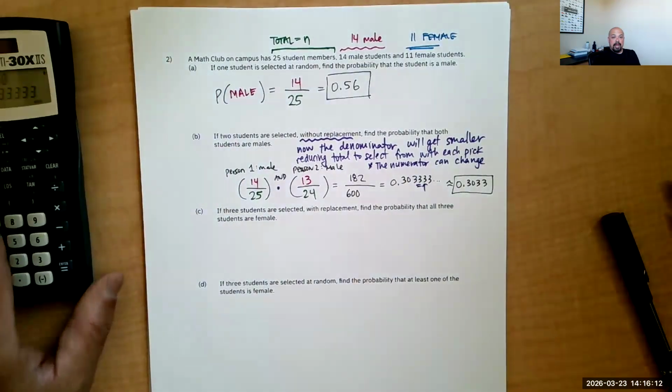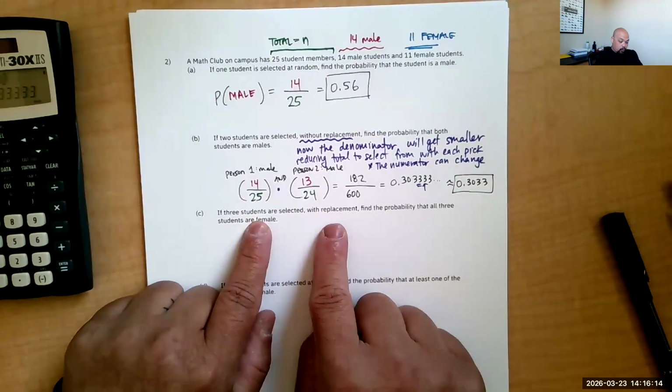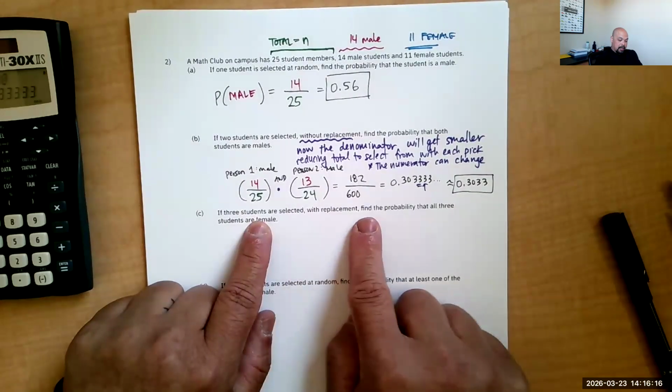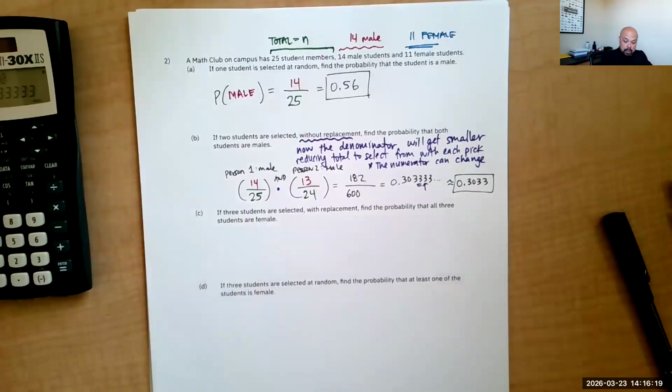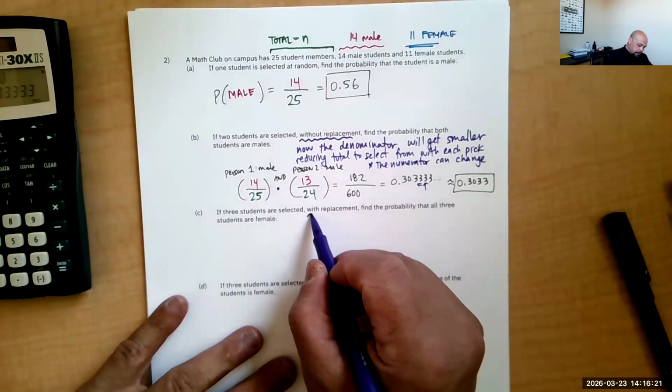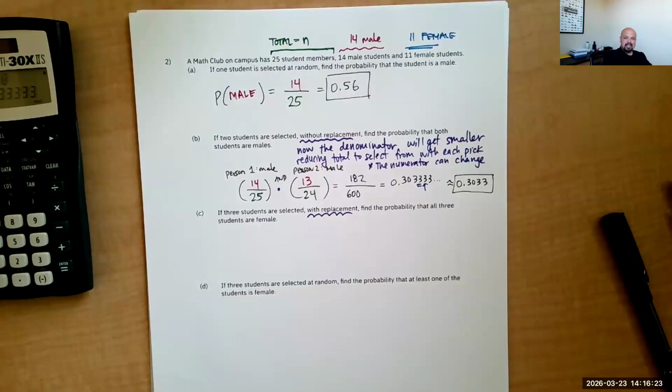So next up, if 3 students are selected with replacement, find the probability that all 3 students are female. So now, in this case, with replacement, doesn't happen very often, but we can start to see now.